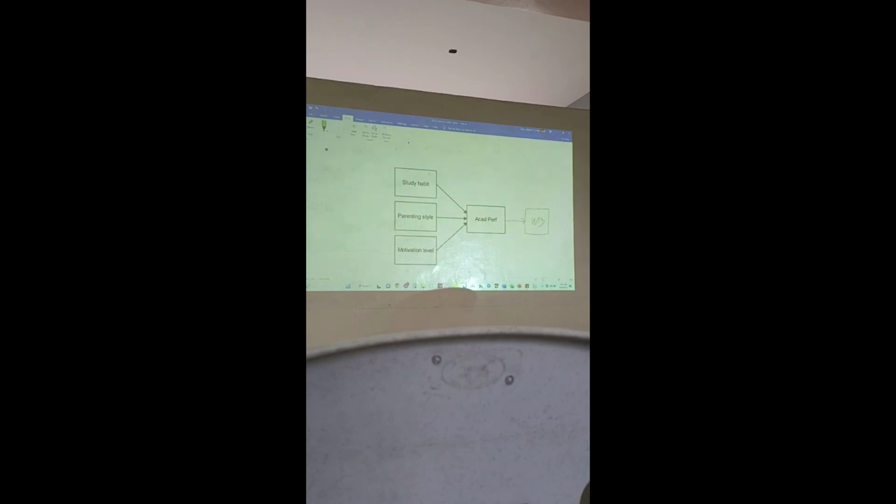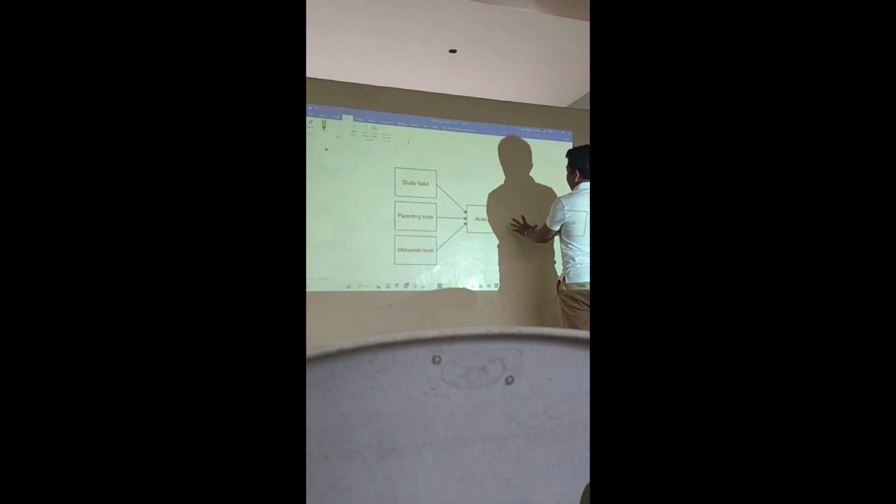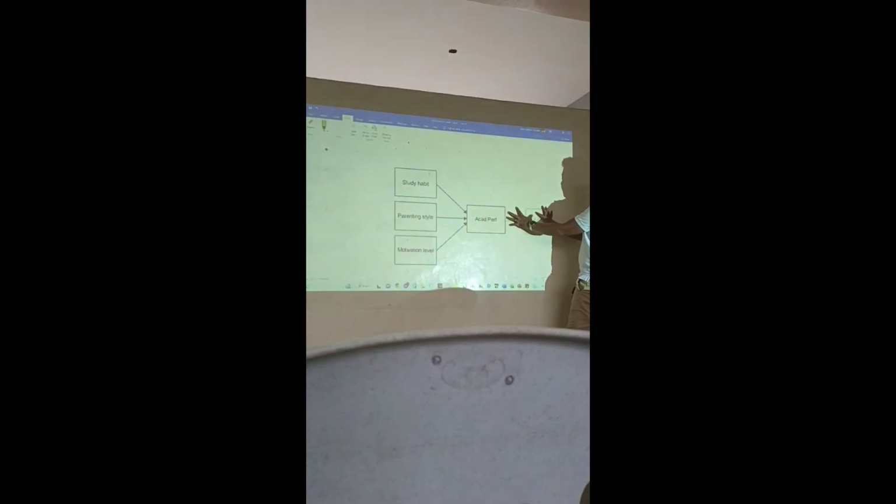Saan dyan ang DV? Parang hindi ganun siya, no? Pag ganyan, nagiging mediating variable. Mediating variable. Okay. So, this is a scenario bago yung mediating, moderating.